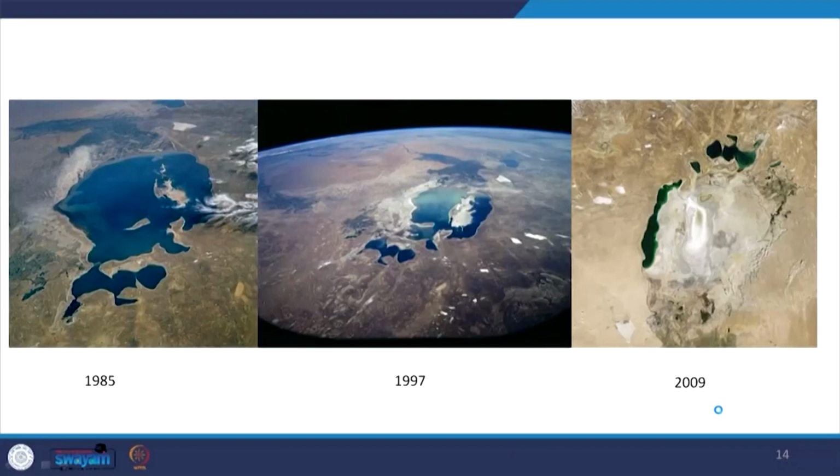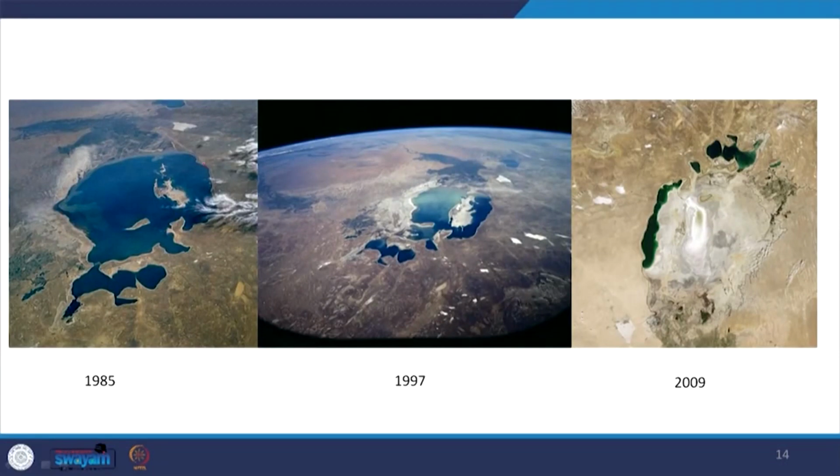From 1985 to 2009, the sea, a water body as large as a sea, called the Aral Sea, was totally parched, dried up, and it is now available in very small parts as small lakes.